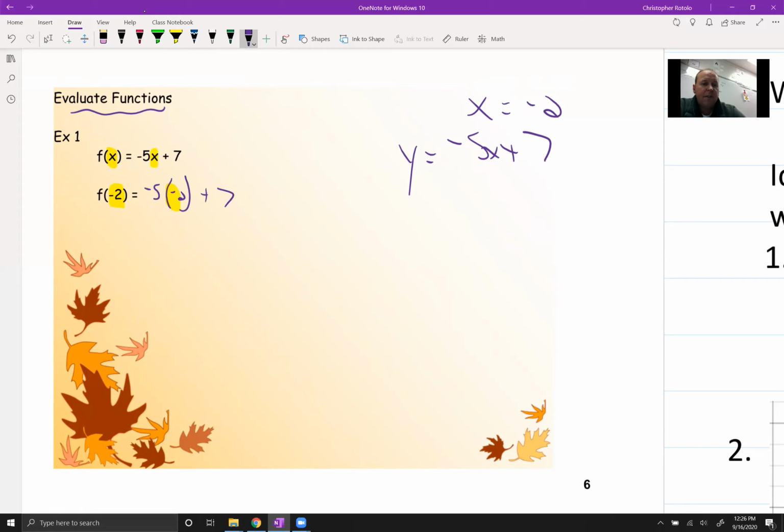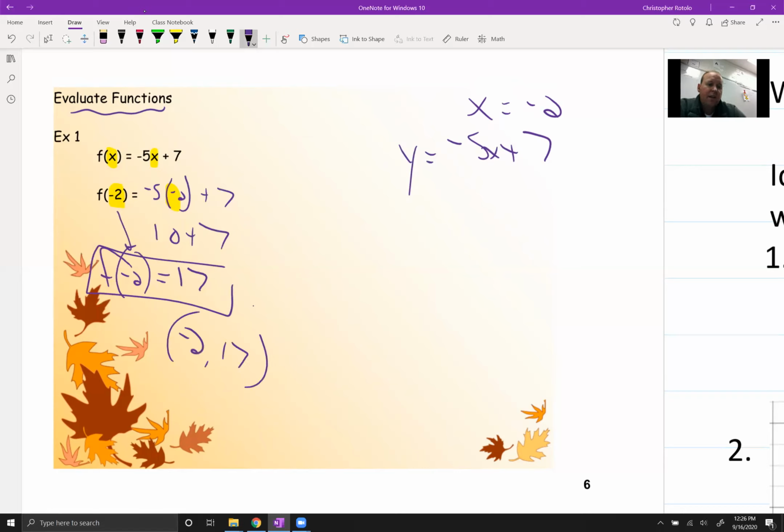So negative 5 times negative 2 is positive 10 plus 7. So that means I get 17. That means this function evaluated at negative 2 gives me 17. Okay, this part on the left, normally we don't write, right? So you never did that before, but it helps complete that idea that this is an ordered pair. Negative 2 gives me 17 as we deal with this a little bit in Algebra 2.